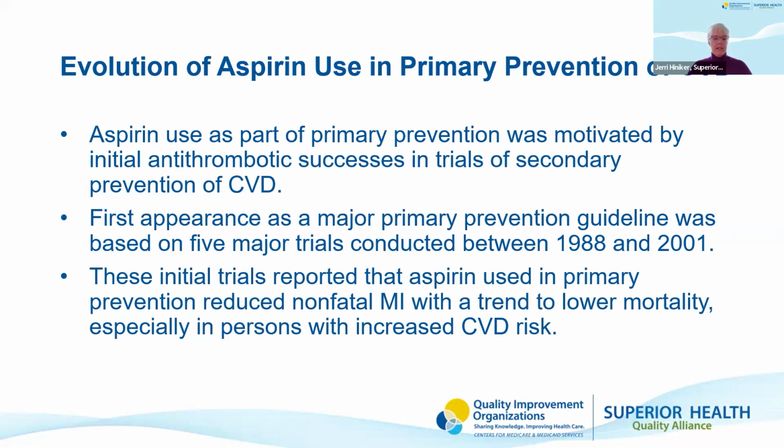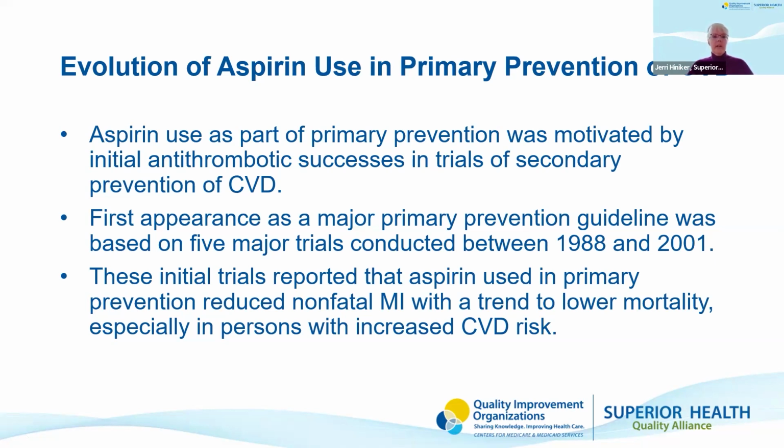But with the advent of new antiplatelet agents and an increasing understanding of aspirin's bleeding risks, the role of aspirin in CVD prevention has come full spectrum, and how we're going to use it even in the future has become less certain.